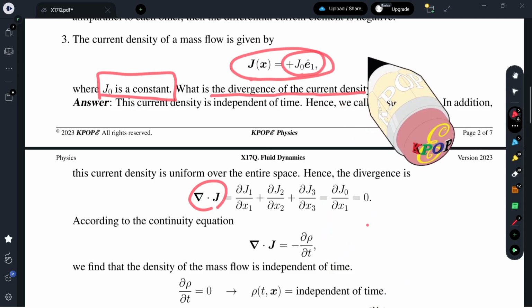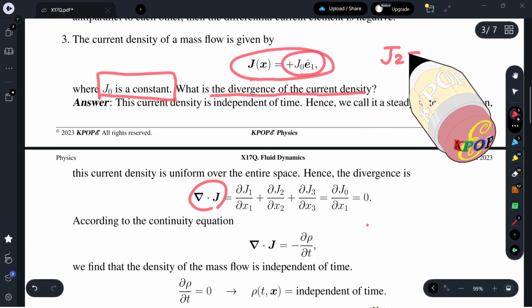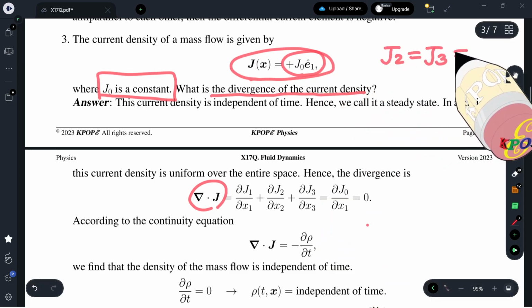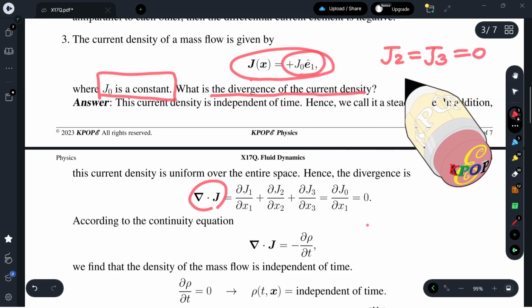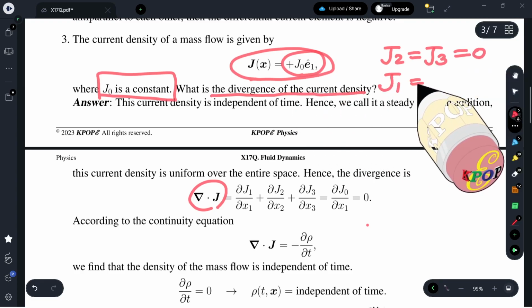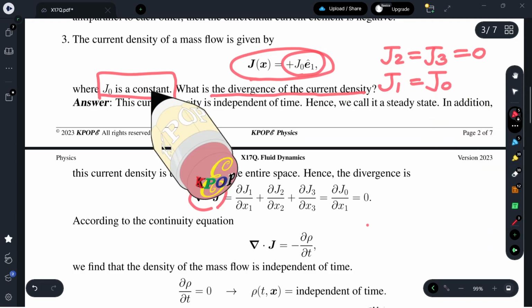By the way, we do not have J2 and J3. They are all vanishing. And J1 is nothing but the constant J0.